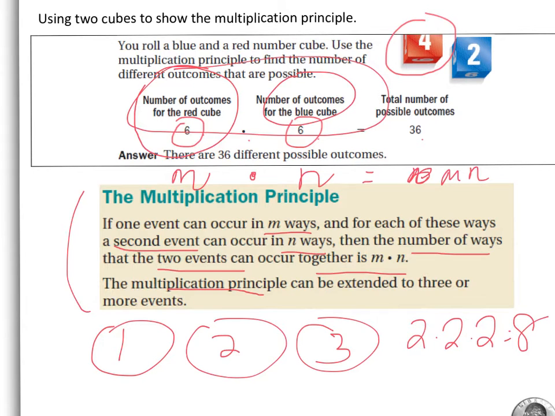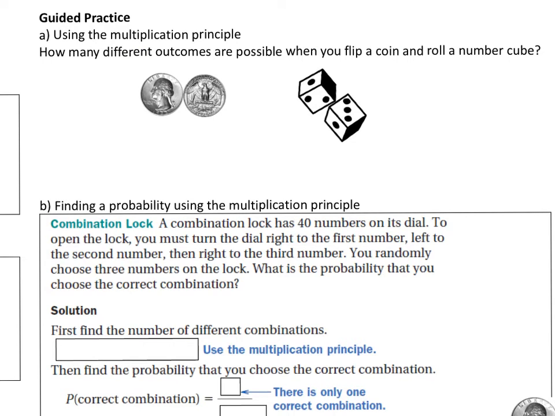Okay? Guided practice. Using the multiplication principle, how many different outcomes are possible when you flip a coin and roll a number cube? Okay, you know that when you flip a coin, you either get a heads or a tails. So that equals 2 possible outcomes.